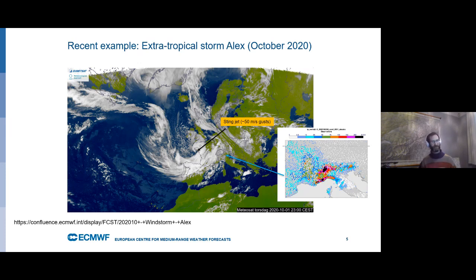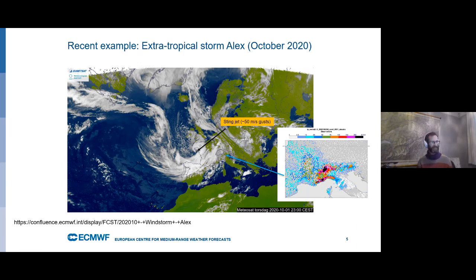So this is almost at midnight at the end of the 1st of October, where we had the cyclone center just off the coast of Brittany in France. And it had a sting jet-like feature in the back-bent front with wind gusts reaching 50 meters per second.